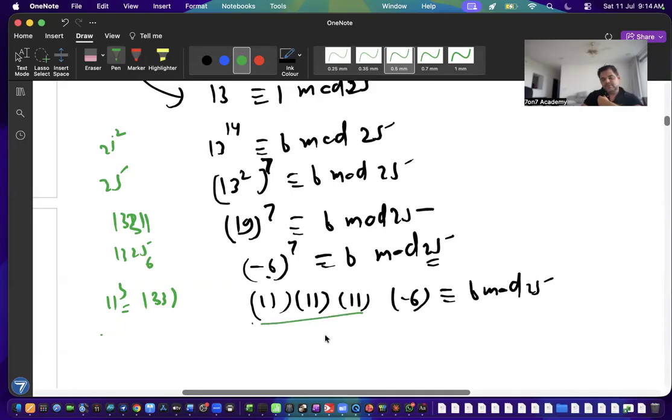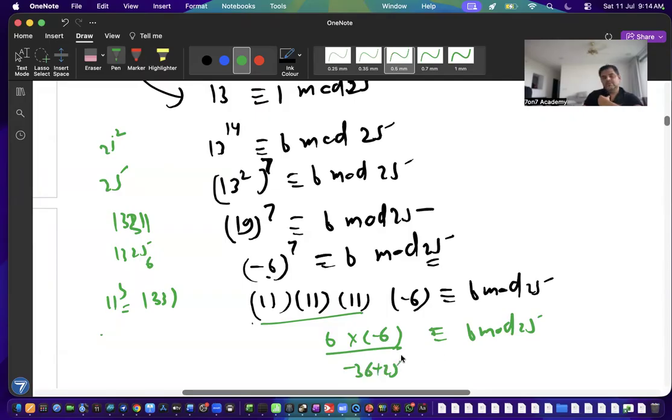So that would give 6, no? So 6 into 6 into minus 6, which is B basically, mod 25, is minus 36. If you want to make it positive, you add 25. So minus 36 plus 25 is minus 11.